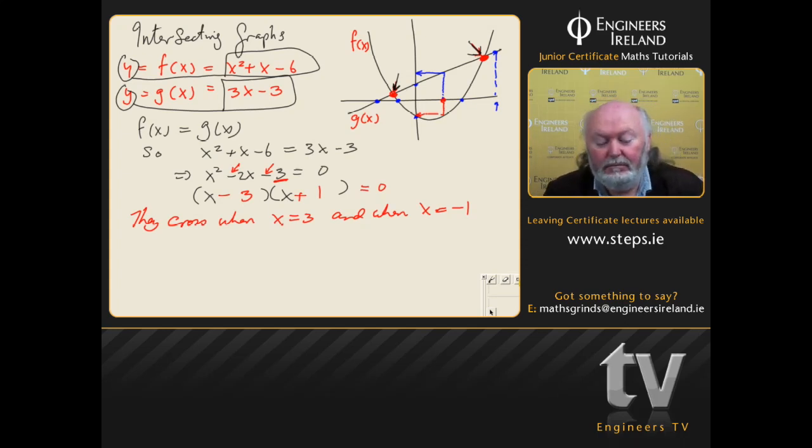And all we have to do in any of the equations, and you always pick the easiest equation, is put in the x values, and in this case the easy equation is the linear one. You put x equal to 3 in here. 3 3s are 9, minus 3 is 6. And we put in minus 1. 3 by minus 1 is minus 3, minus 3 minus 3 would give us our other one.